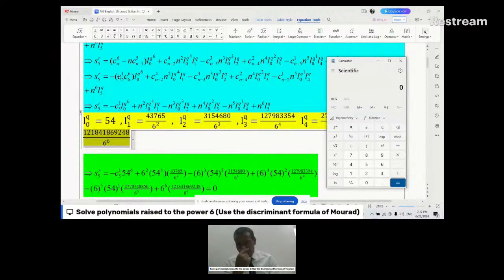Okay, 1 and minus 1 means 6 minus 1 is 5. So I'll just write now. I'll calculate again. Negative 5 times 54 raised to the power 6. Maybe I wrote raised to the power 5 by mistake here, but here it's written raised to the power 6.